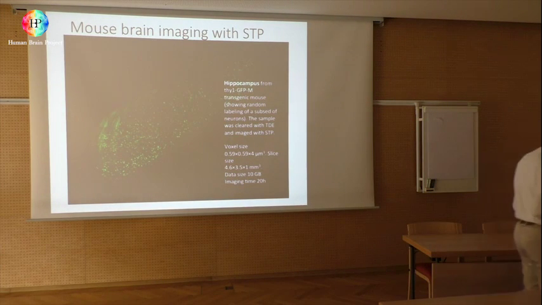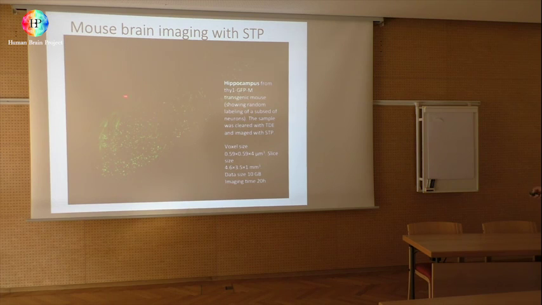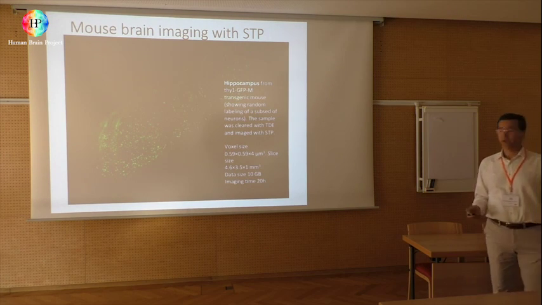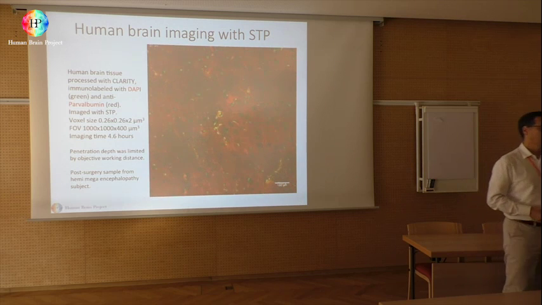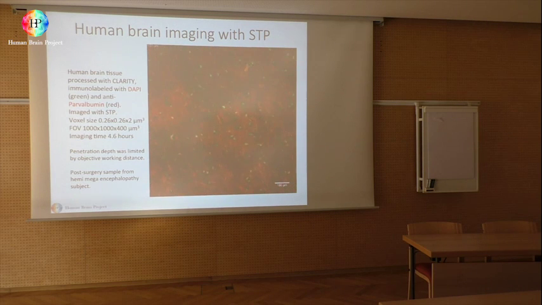This is the hippocampus imaged in a transgenic mouse, GFP-M, cleared with TDE, and you can see here a part of the hippocampus, both the cells and the fiber connections. Or you can image the human brain. This is human brain, post-mortem, of course, because it cannot be done in a transgenic way.